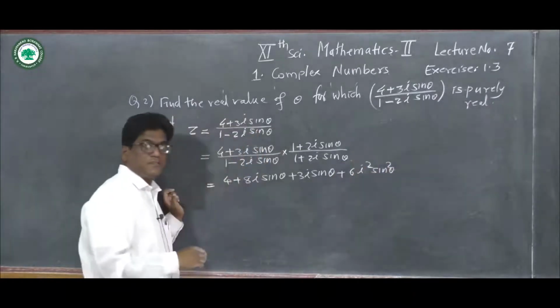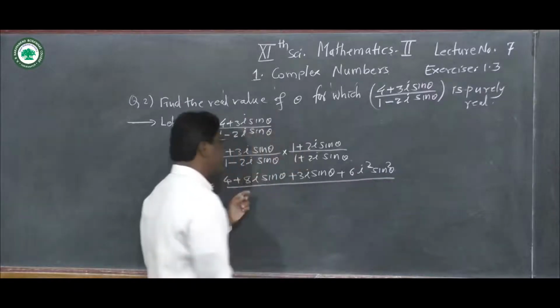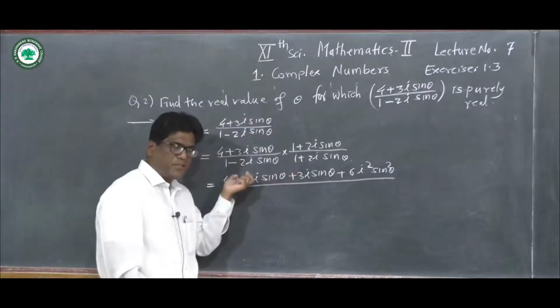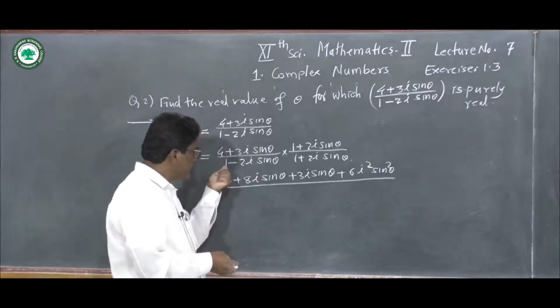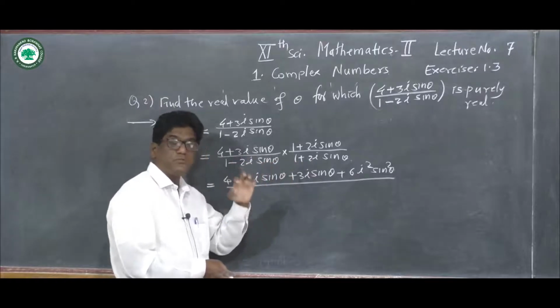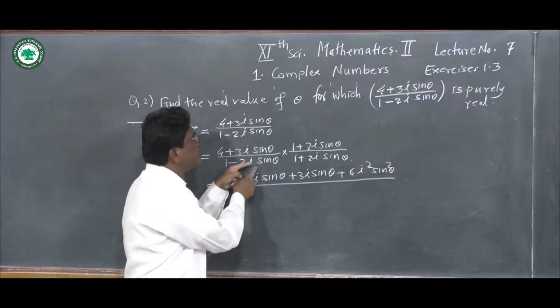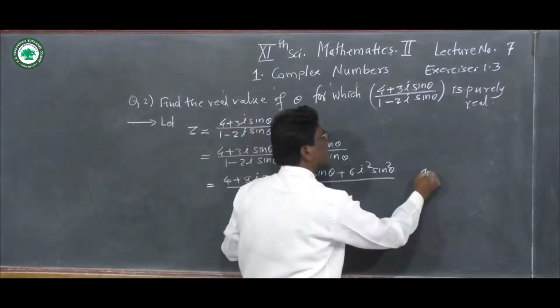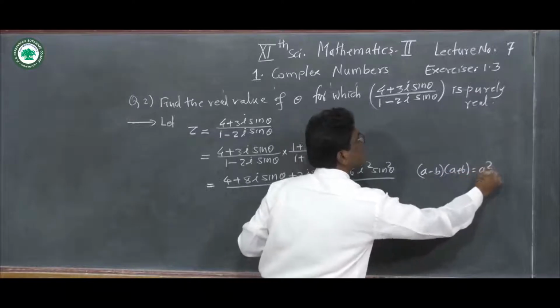Divided by, now take the product of the denominators. Observe here the denominators are complex conjugates of each other. So the first term is same, second term is same, here minus plus, so we use (a minus b) into (a plus b), which is equal to a square minus b square.